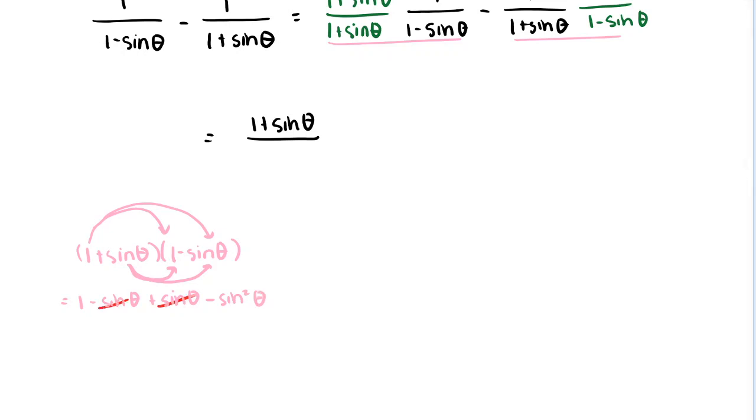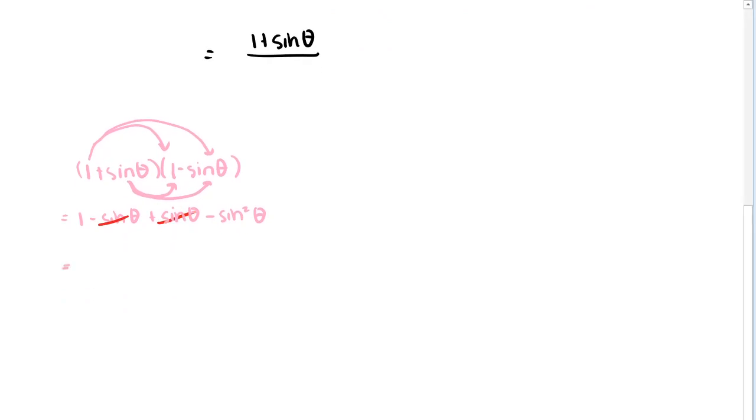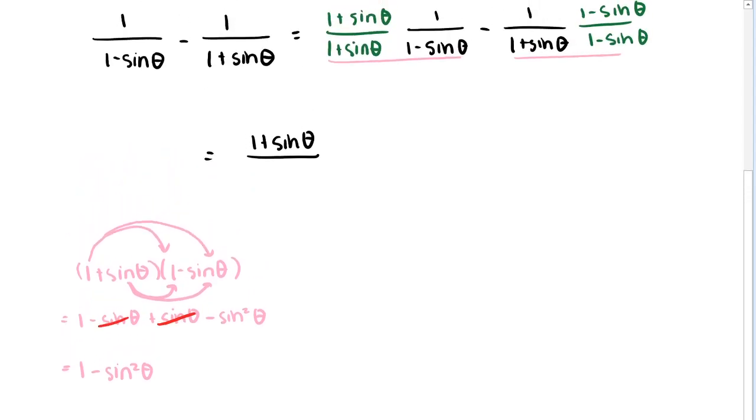So we just have 1 minus sine squared of theta as the result from this product, this difference of squares.